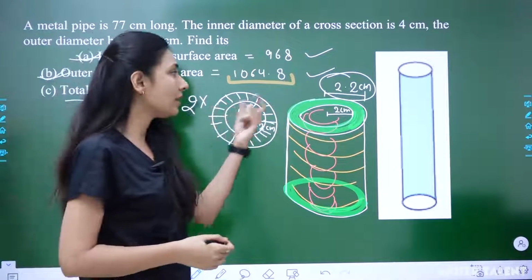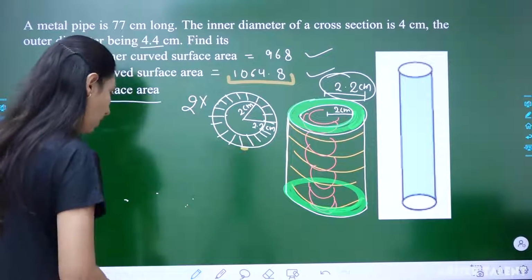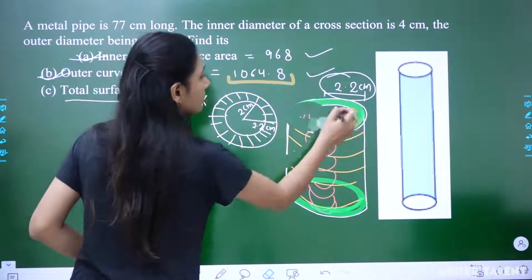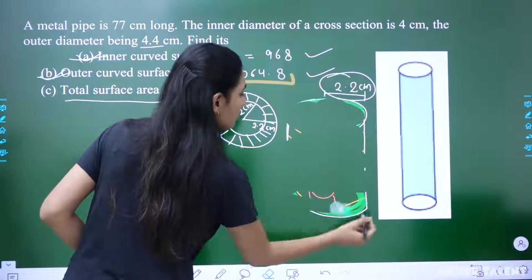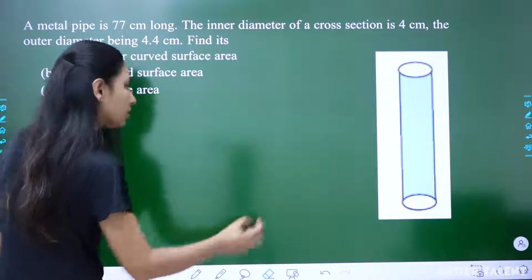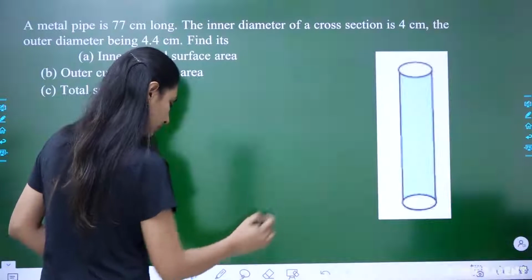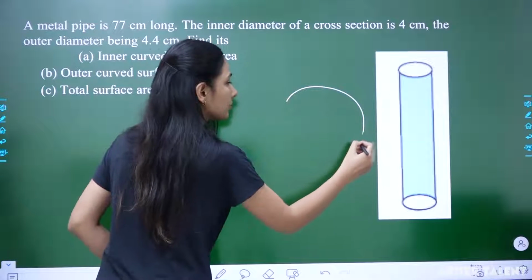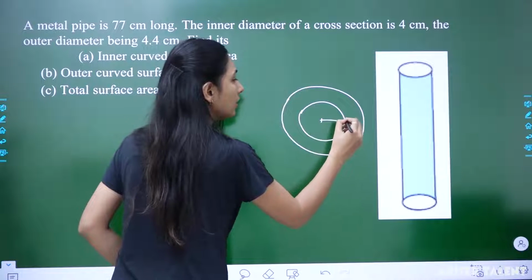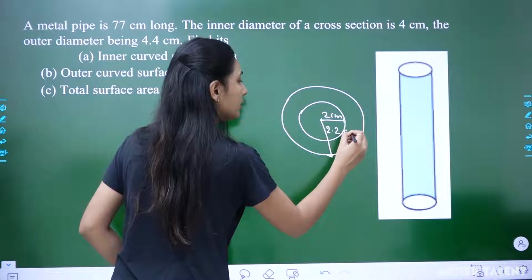Because we have the same area on the top and the bottom as well. Understood? So this is the outer one here, and the inner one. This is the 2 centimeter and the 2.2 centimeters.